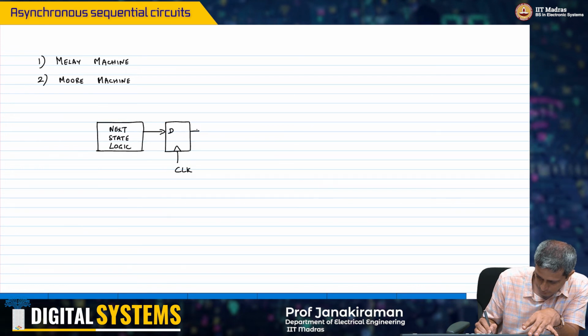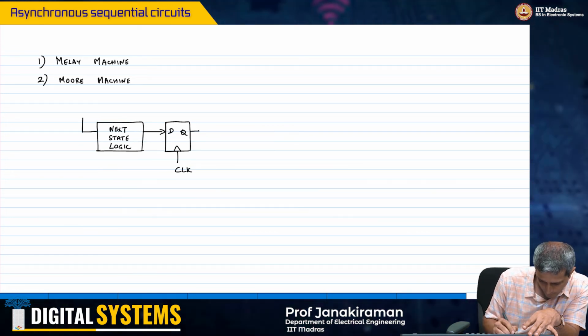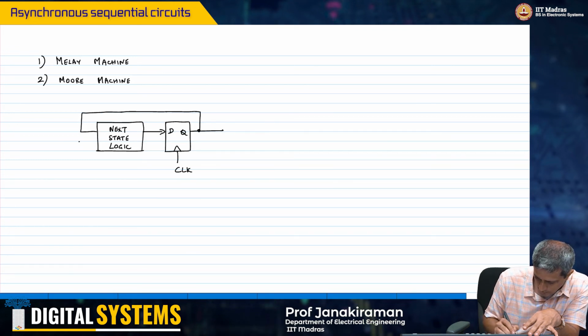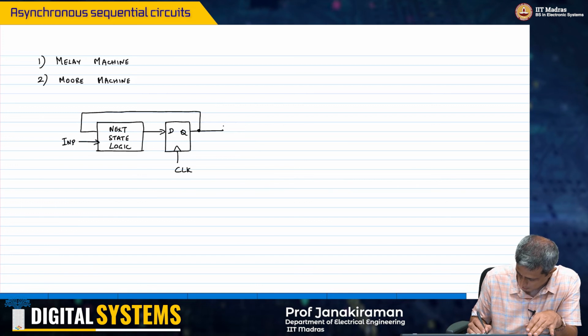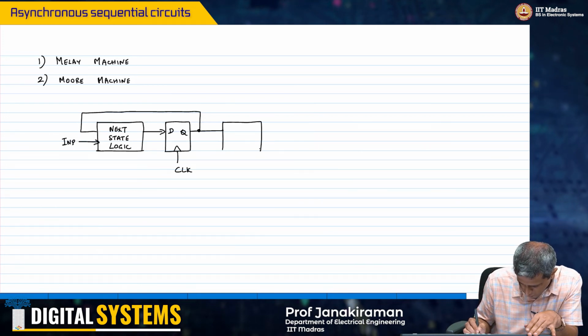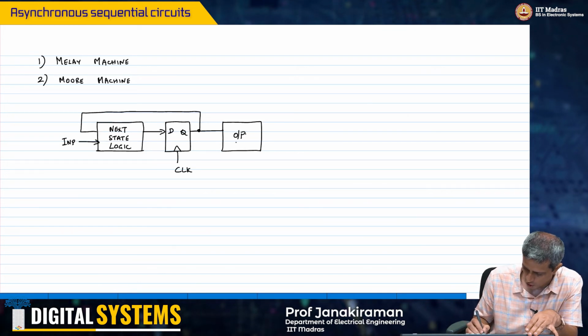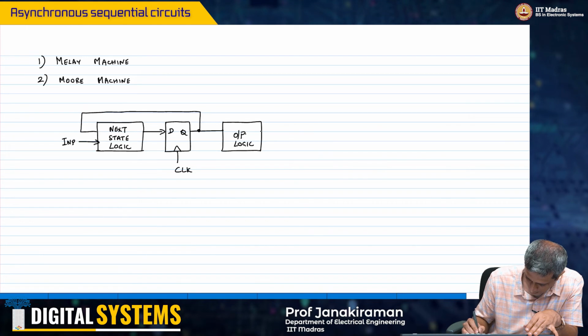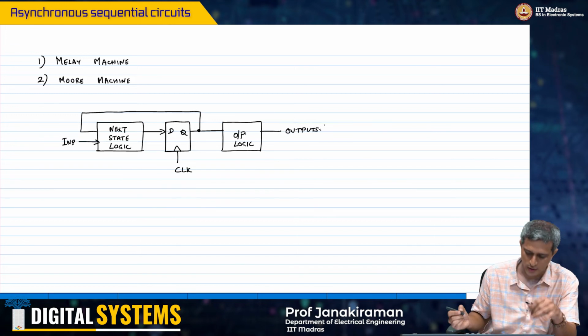D, Q, these are my inputs, okay, and my output logic is here, okay, output logic, and you get your outputs.